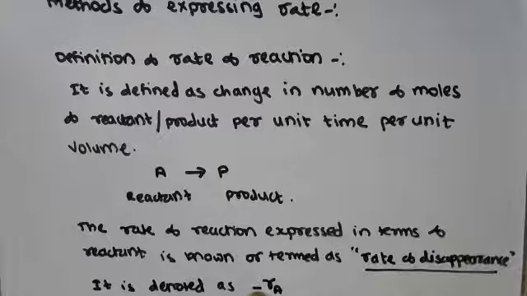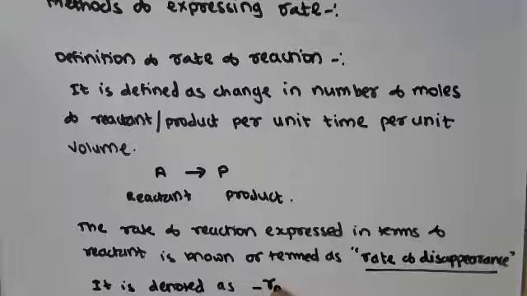Because the rate cannot be negative, it will decrease with respect to time. Why? Because the rate is a function of concentration. So as concentration decreases, the rate of reaction will decrease. So its value will change, but it will not be negative. Please remember.